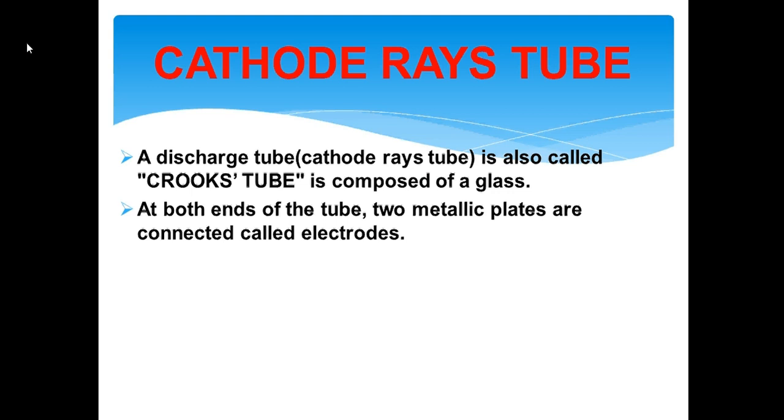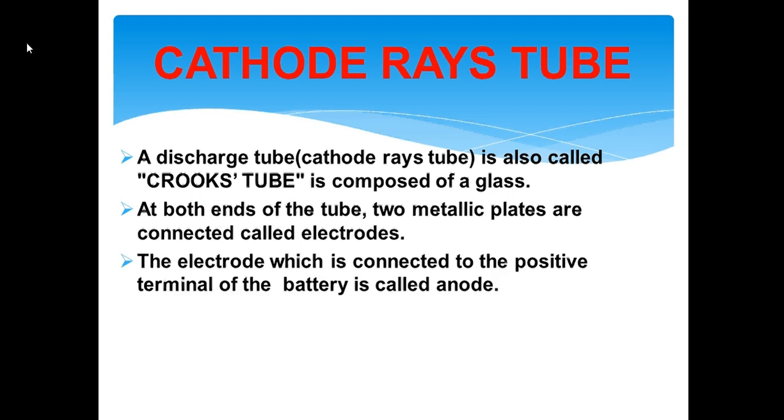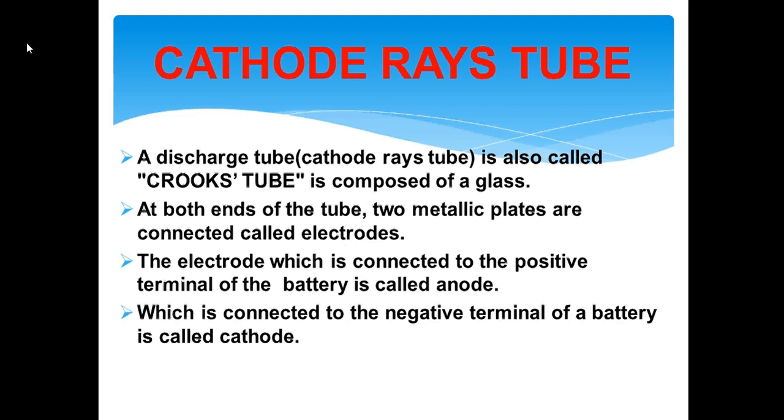At both ends of the tube, two metallic plates are connected called electrodes. The electrode, which is connected to the positive terminal of the battery, is called anode, while the electrode, which is connected to the negative terminal of the battery, is called cathode.